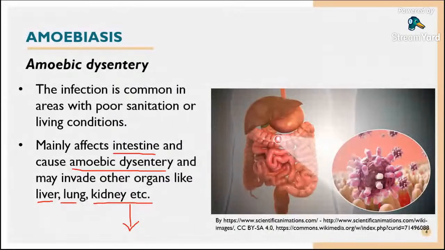Means apart from the intestine, Entamoeba histolytica is able to infect other organs such as liver, lungs, and kidney. That condition is also called extra-intestinal infection or extra-intestinal amoebiasis.